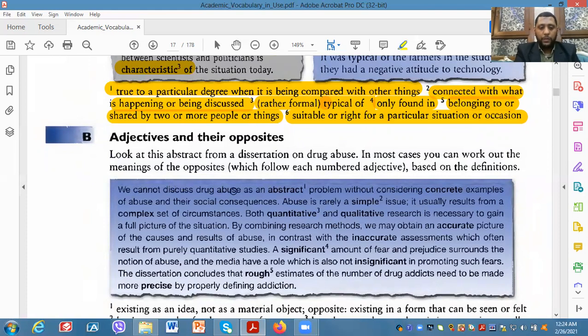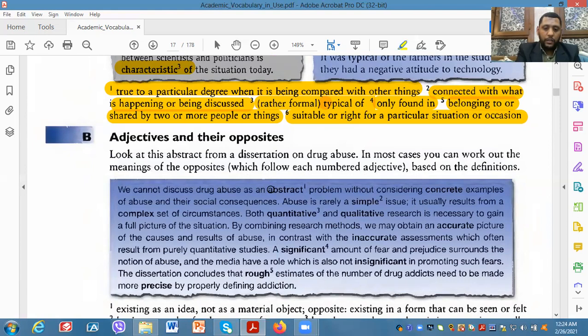So it means that there's an adjective that was given to us, and by reading the whole sentence, we can understand the opposite meaning of the adjective. So in most cases, you can work out the meaning of the opposites, which follow each numbered adjective.